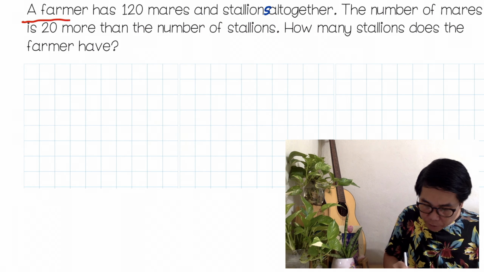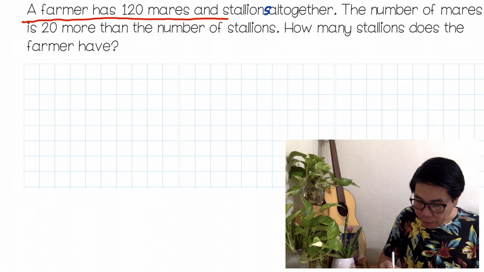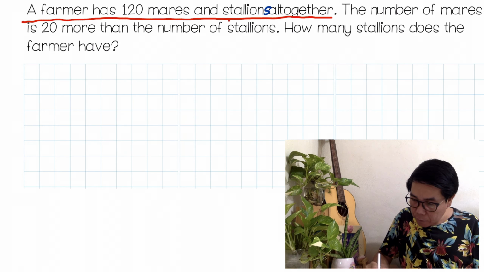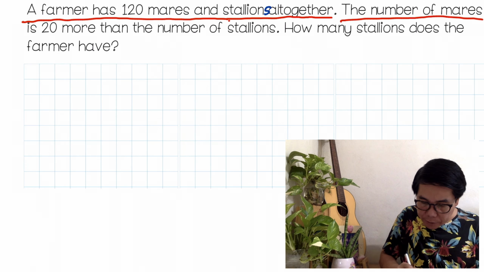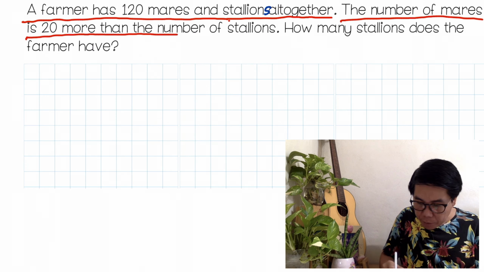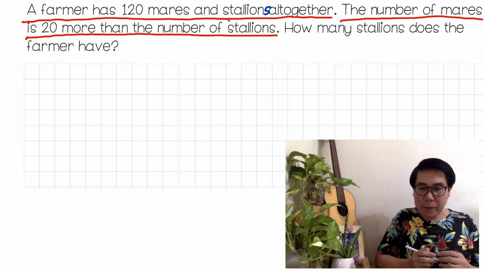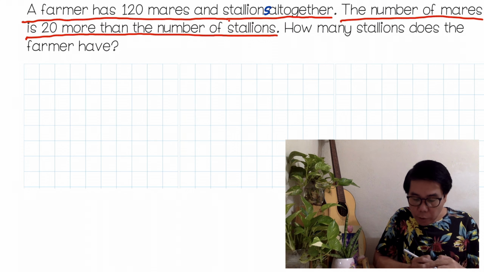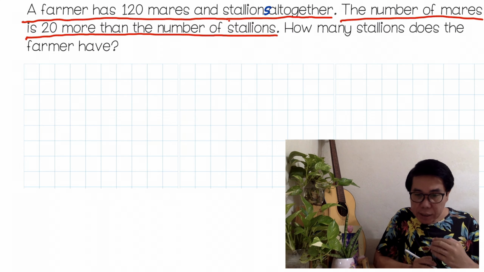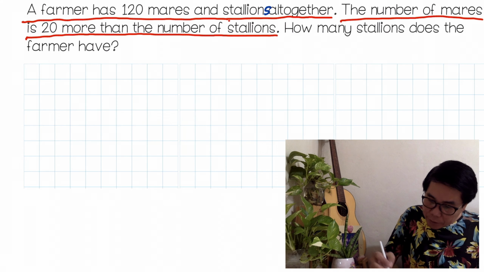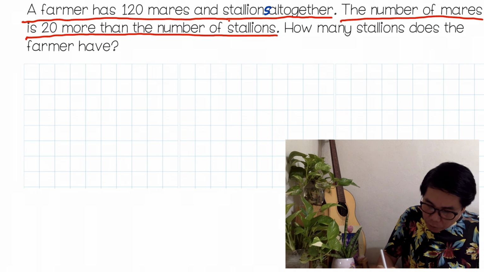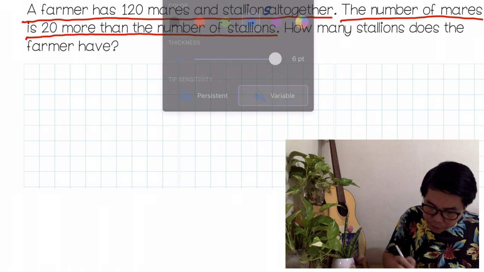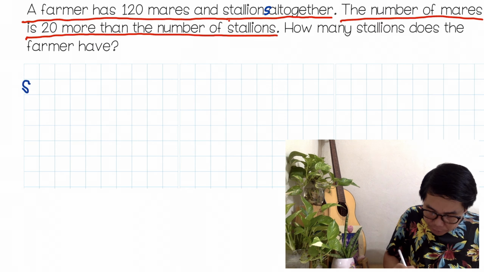A farmer has 120 mares and stallions altogether. The number of mares is 20 more than the number of stallions. So that means mares is more than stallions. In that case, we can draw the model of the stallion first. Let's make it 1 unit.